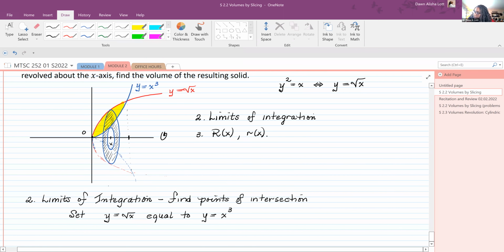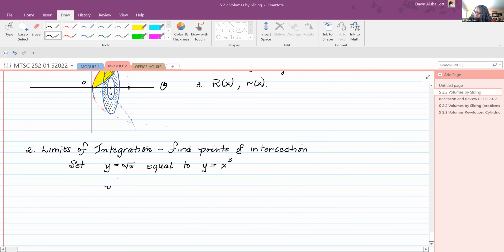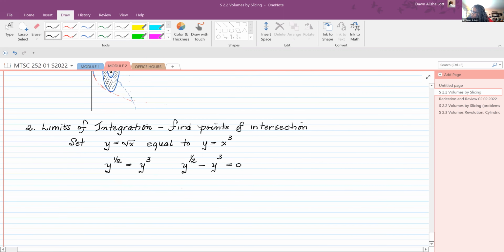So I get the square root of x, or y to the 1/2, is equal to y cubed. So I get y to the 1/2 minus y cubed is 0. Factor out y to the 1/2. And I get 1 minus y to the 5/2 is 0.